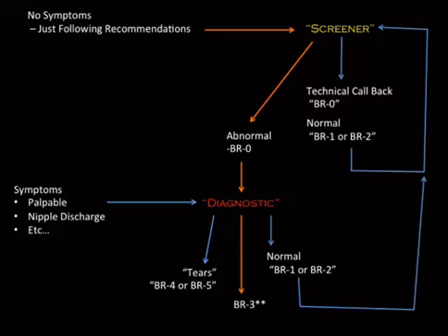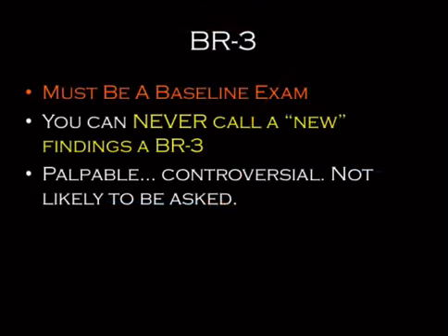If these same round calcifications were not grouped but they were instead in a regional or linear distribution, you can't BR3 that. That has to be a BR4. That gets a biopsy. So you have to have the morphology of round, the distribution of either grouped or clustered together, and it has to be on a baseline exam to make for a BR3.